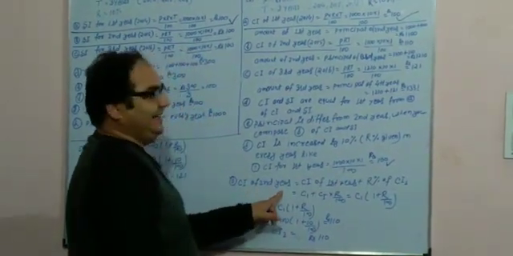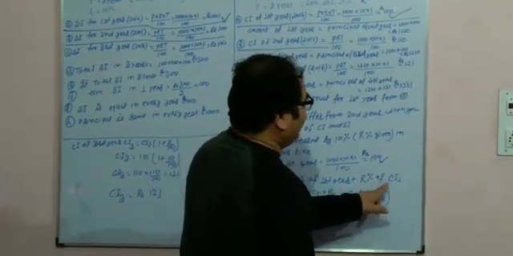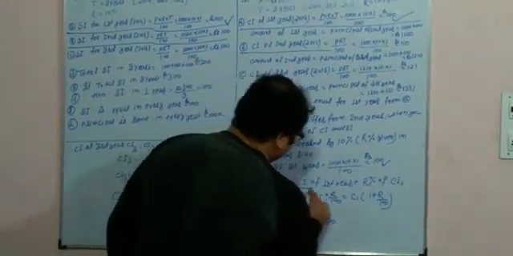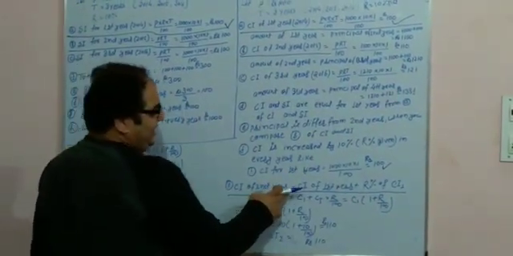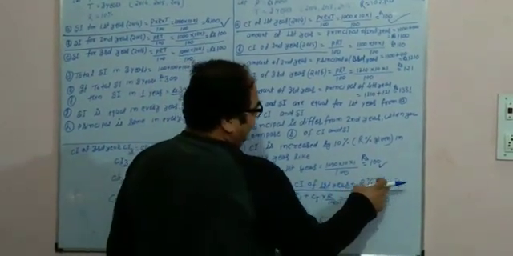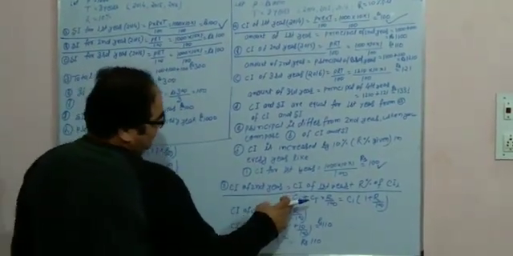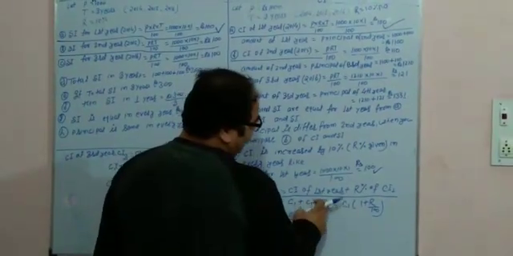CI for second year is equal to CI of first year plus R% of CI of first year. Try to understand. CI of second year equals CI of first year plus CI of first year into R by 100.